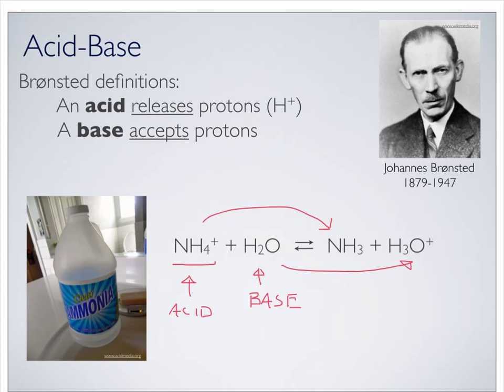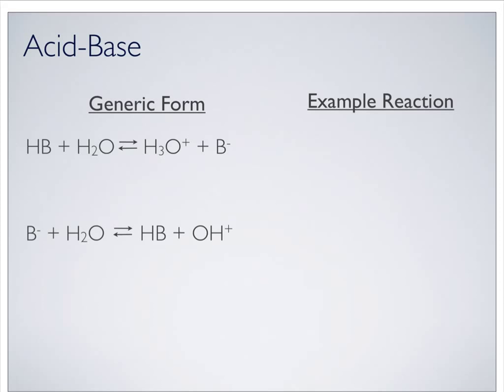So to go further with acid-base chemistry, we'll first look at a couple of generic forms of acid-base reactions, and then we'll look at some specific examples for each of those. So the first generic form is going to be where we take our acid HB and we're going to react it with water to produce hydronium ion and our conjugate base B-.